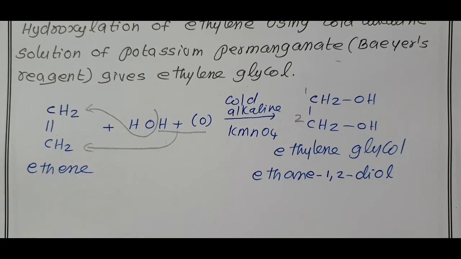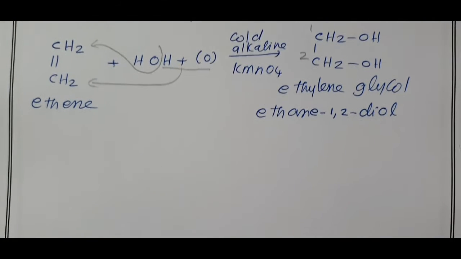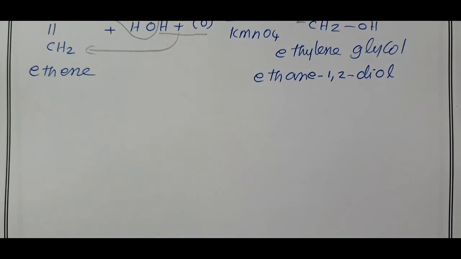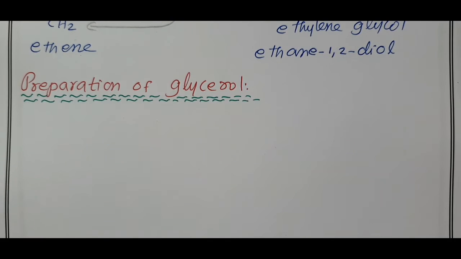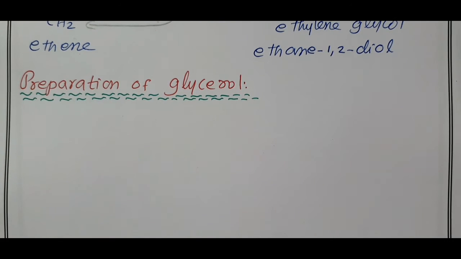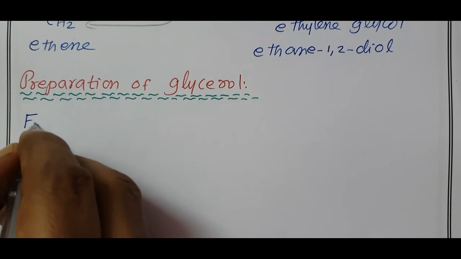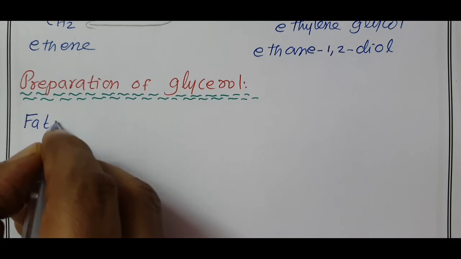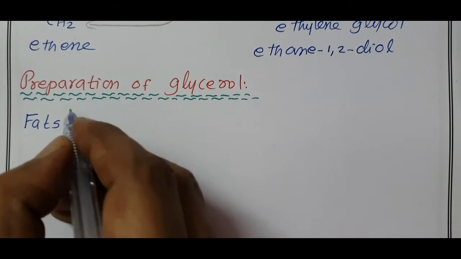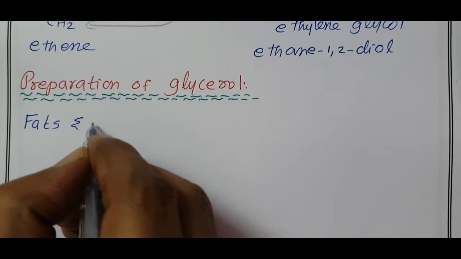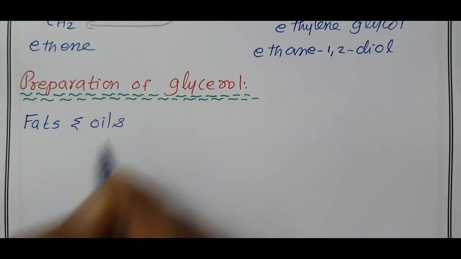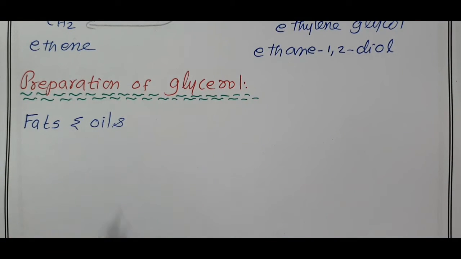Now we are going to discuss the preparation of trihydric alcohol, glycerol. Glycerol has 3 OH groups attached to different carbon atoms of propane. Glycerol is also called glycerin. Glycerol is found in fats and oils, also called lipids.